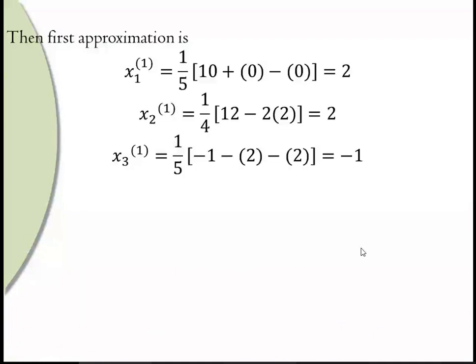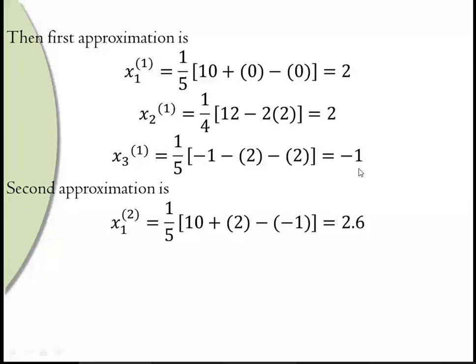So firstly, putting x1, x2, x3 as 0 for the first equation, we get this. For x2, using new x1, we get this. For x3, using this new x1, x2, we get this. Second iteration: use these values of x1, x2, x3 in the right-hand side of x1, we get this.